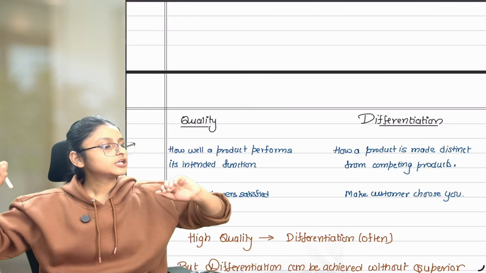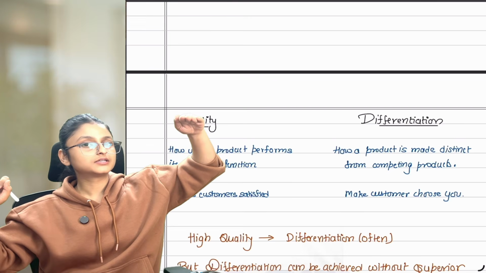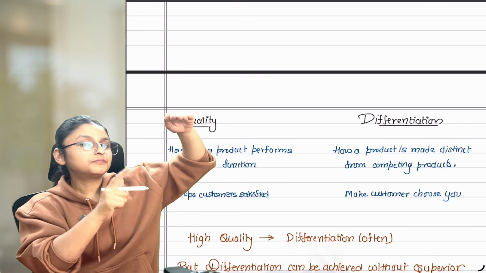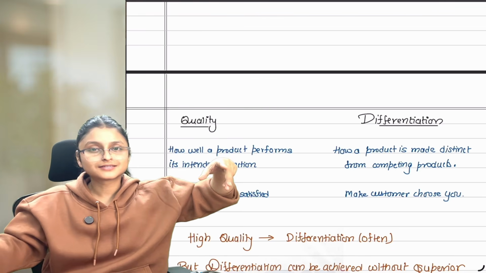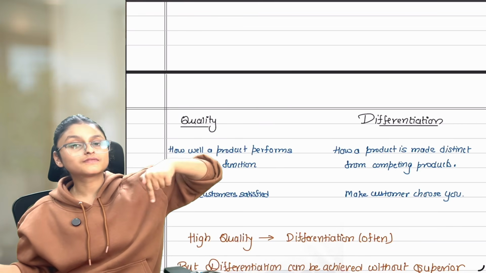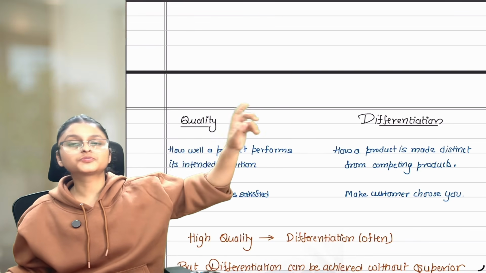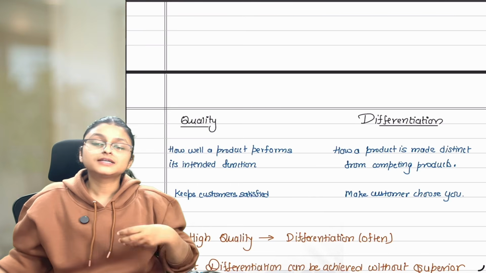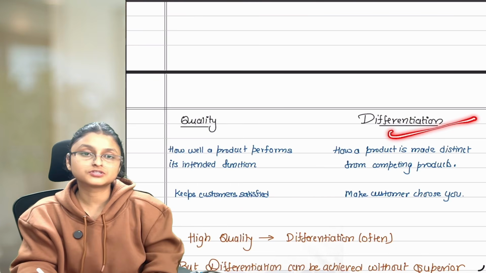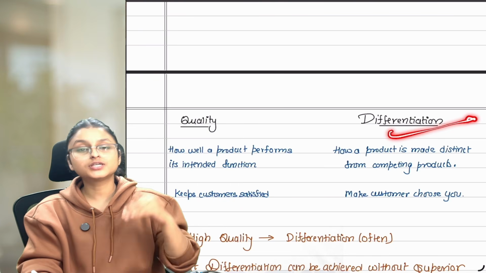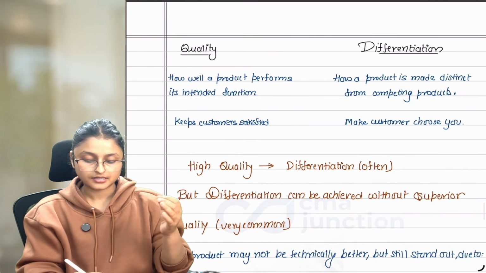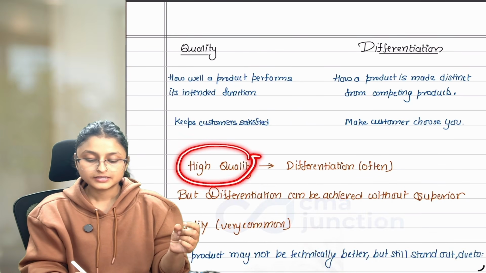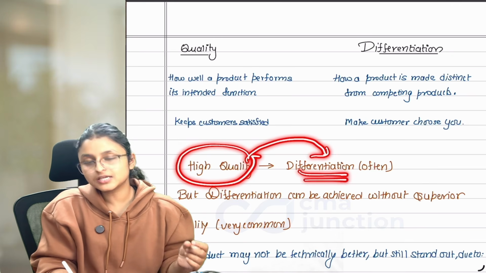But think about it. If a product is of high quality, can it help me to differentiate my product from competitors? Answer is yes. If you are the only one who is providing a high quality product, then it can also be used as a differentiation technique. So high quality can be used as a differentiation technique.